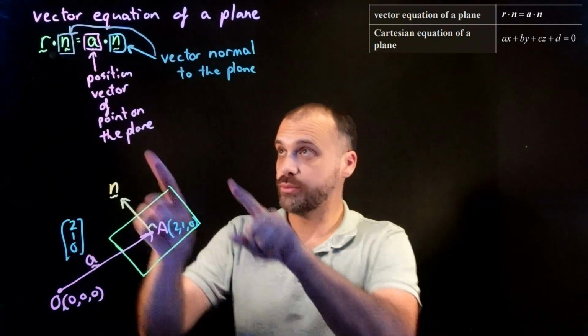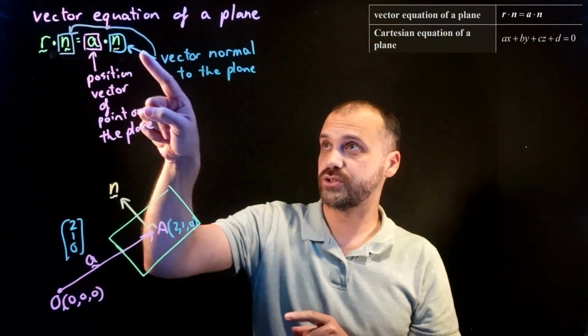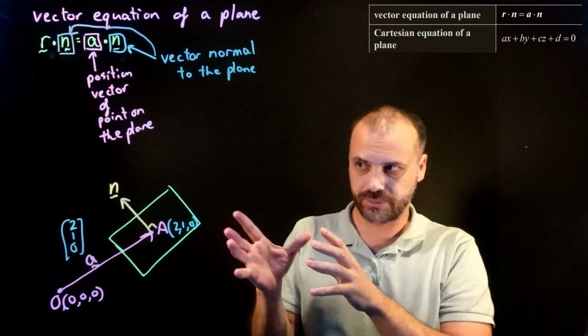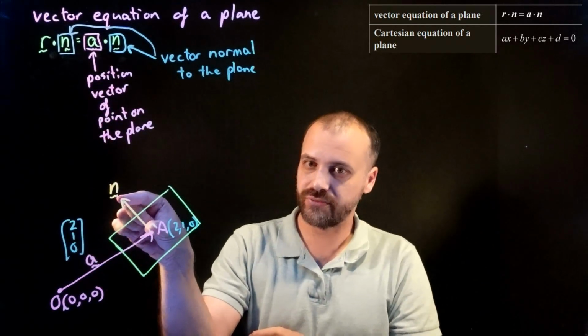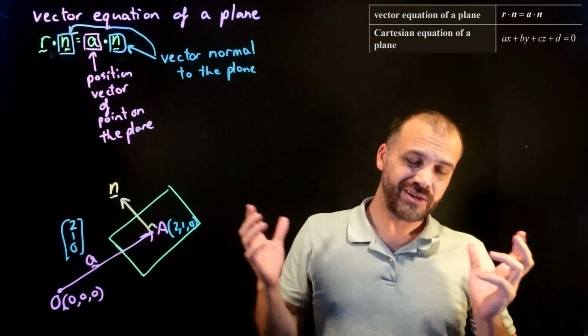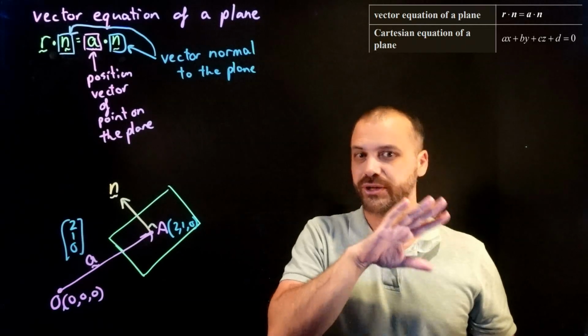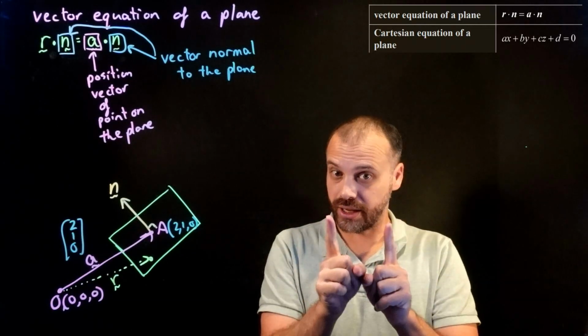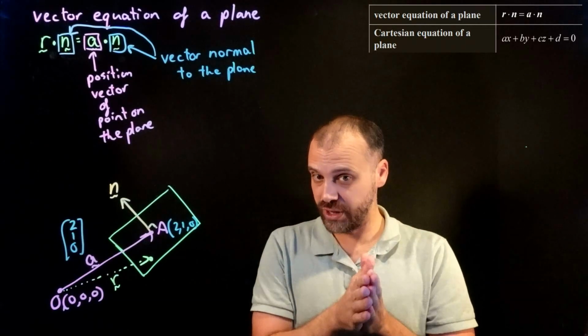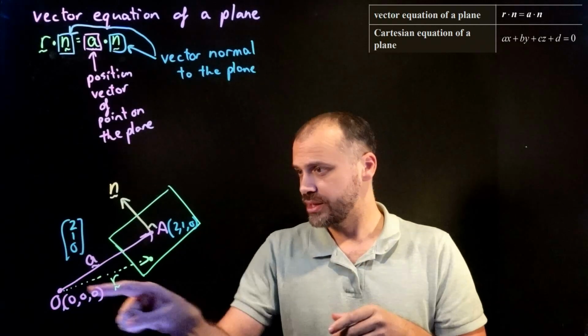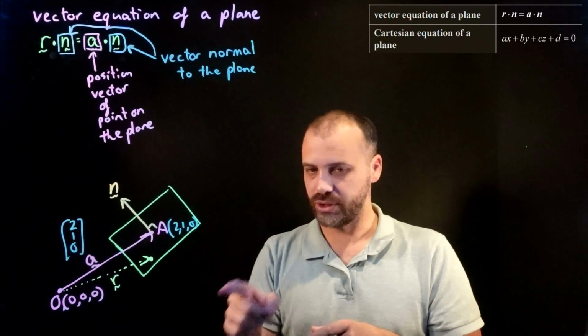Now, importantly, in our formula, you can see n appears twice, vector normal to the plane, vector normal to the plane. We're substituting whatever that vector is straight into there, which just leaves us with R. And R is probably the hardest to wrap your head around. R is every single vector, an infinite number of vectors that hit the plane from the origin.